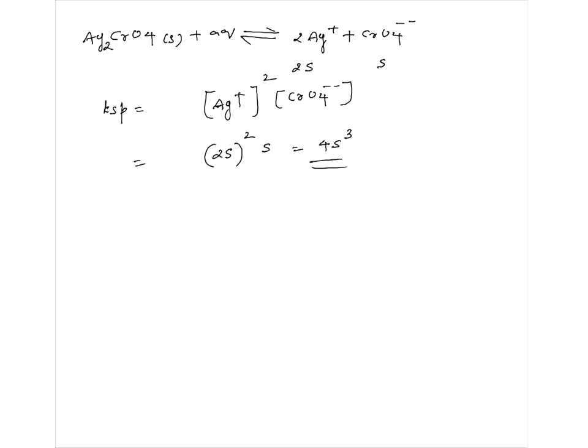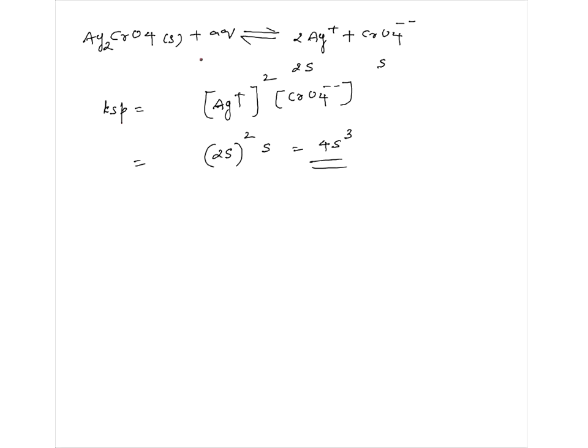Now somehow you are able to increase the concentration of ions. Maybe by adding something else from some other source you can introduce ions. This is the net ionic concentration. Doesn't matter from where they have come. So you can do that. And when you do that, this side tries to become too much, but Ksp cannot become too much. It has a fixed value.